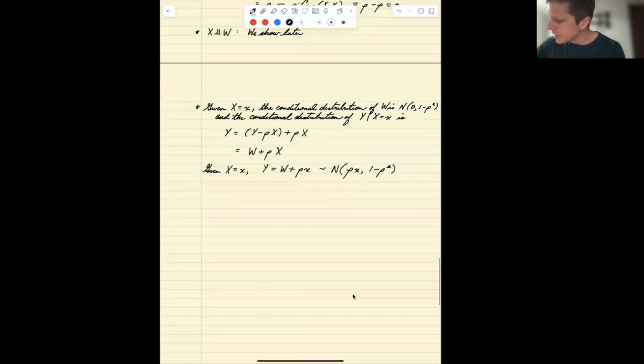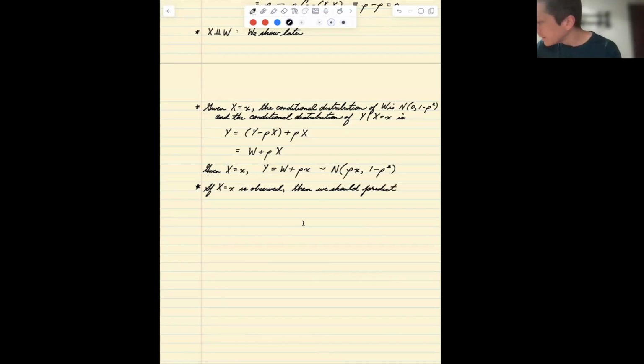So what this tells us, in terms of statistics or prediction, is that if we observe that X is equal to a value little x, then we should predict that Y will equal rho times x.